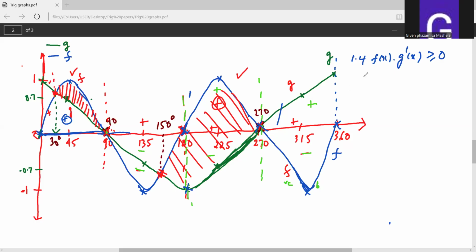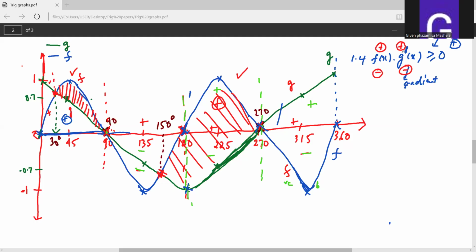Okay, now we want f of x times g prime of x. This g prime represents the gradient; here we're talking about the gradient of a function, remember, in calculus. So what does it mean? Because it says greater than 0, it means you want where there's a plus, so they're either both positive or both negative.